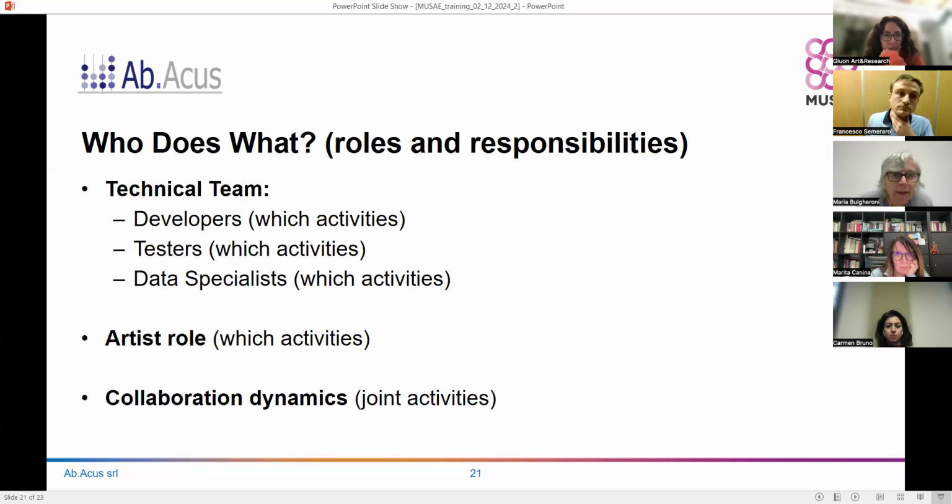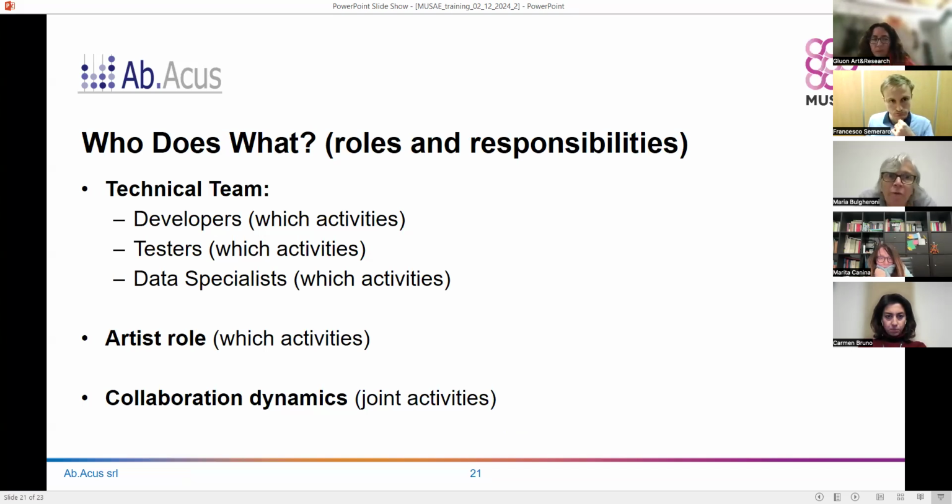And it is really important that since the beginning, when you start writing a work package, you think about who will be in charge of it. Because you will have a developer, for example, who needs to do something. You have a tester that, for example, needs to do what Francesco was saying about usability.